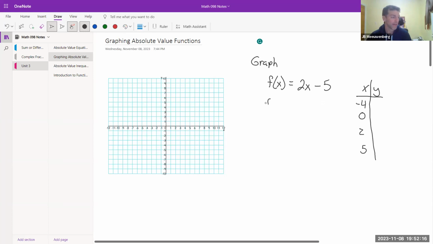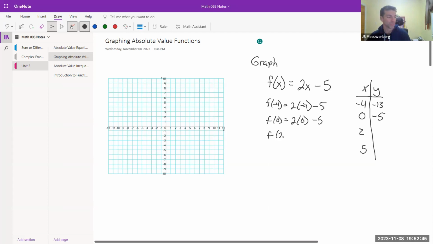So I'm going to take f of -4, and that's going to be 2 times -4 minus 5. Calculate that. 2 times -4 is -8. -8 minus 5 is -13. And of course, I picked something that doesn't fit on the graph. Let's do 0. F of 0 is equal to 2 times 0 minus 5, which is 0 minus 5, which is -5.